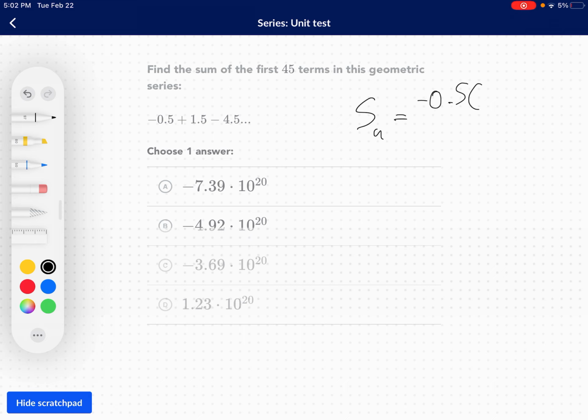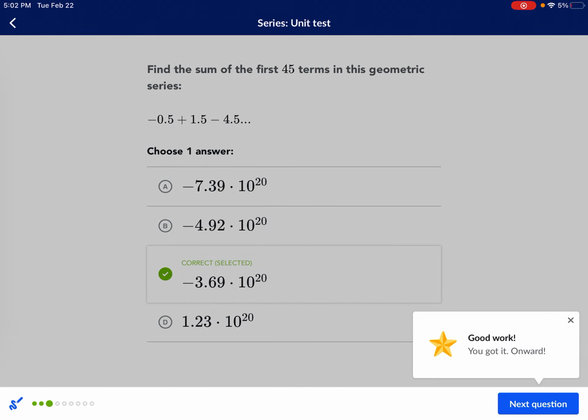First term, -0.5, times 1 minus the common ratio, which we found as -3, to the 45th, since there are 45 terms, where 1 minus -3 is 4. Just evaluate this: -0.5 times (1 minus (-3) to the 45th), all over 4. That's -3.69. Yeah, that's C.